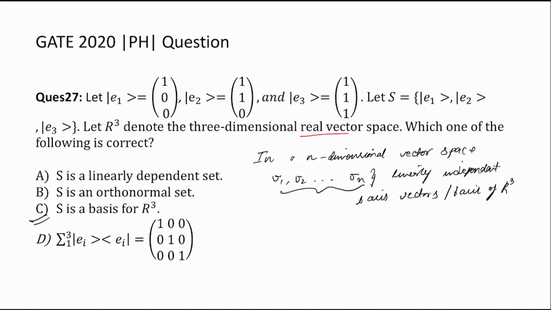So for this space, these vectors will be called the basis, and any other vector can be represented as a linear combination of these basis vectors. That is the essence of basis vectors.